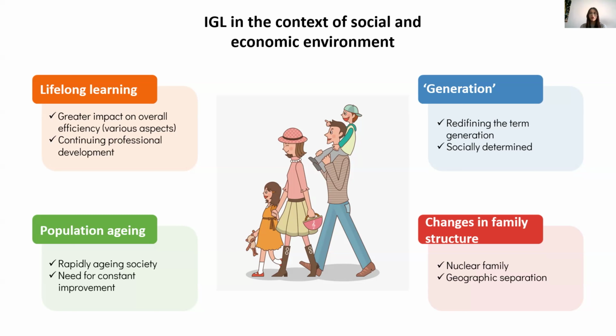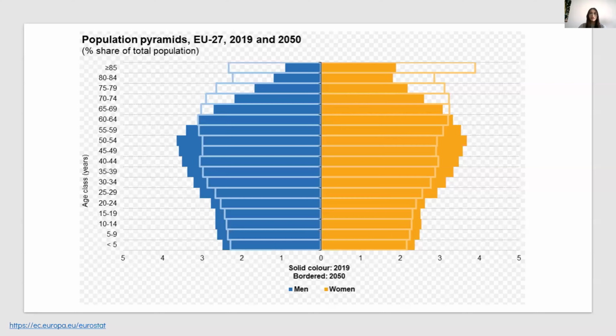Such family structuring has affected not only younger generations, but also the vulnerability of older generations, prompting considerations about their personal, social, and financial well-being. And these shifts have led to the development of various subcultures, excessive individualization, and existential anxiety, where the promotion and application of IGL can play a crucial role.